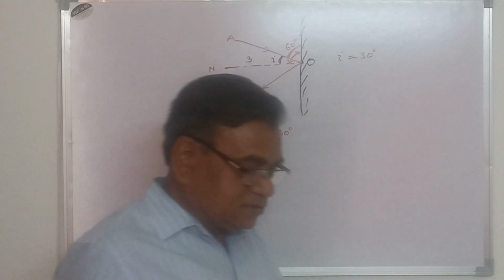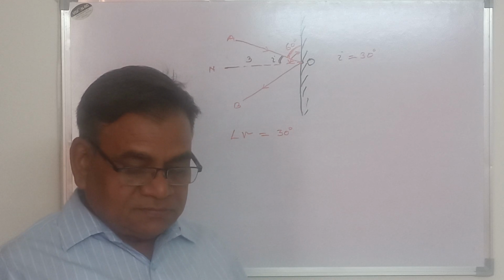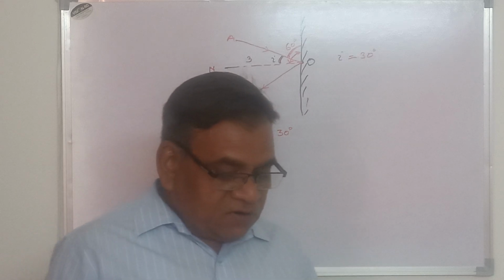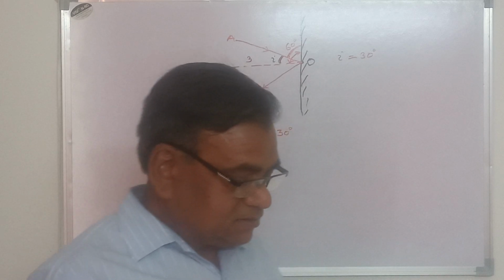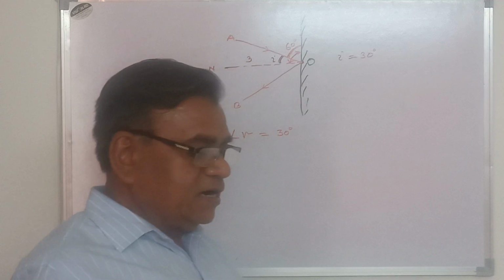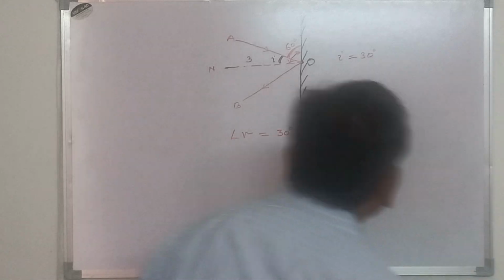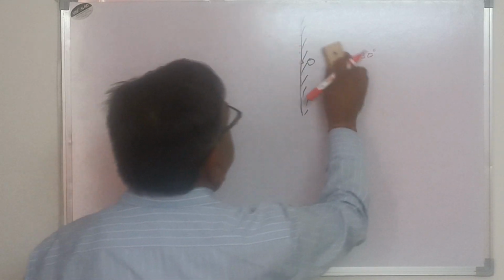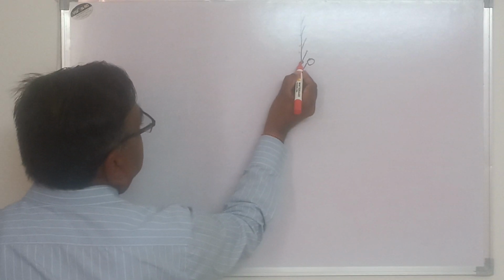One thing. Second question. A ray of light is incident normally on a plane mirror. What will be the angle of incidence and angle of reflection? कहता है ये ray of light incident normally on a plane mirror. This is a plane mirror.